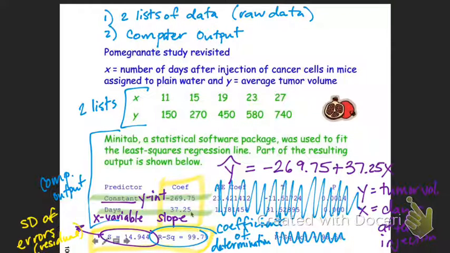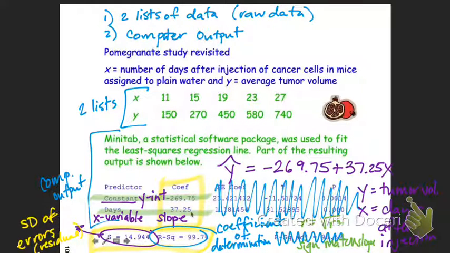We'll learn what that means in a second, but if I were reading this computer output and I wanted to figure out what r was, I would have to take the square root of r squared. So I'd have to do that by hand. And then your sign will always match the slope.